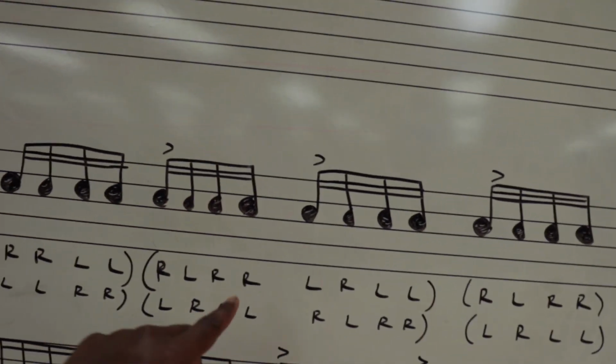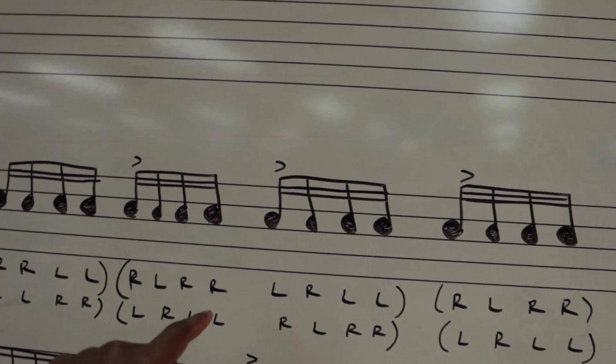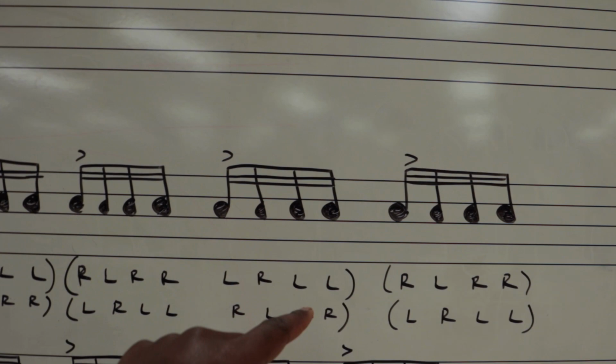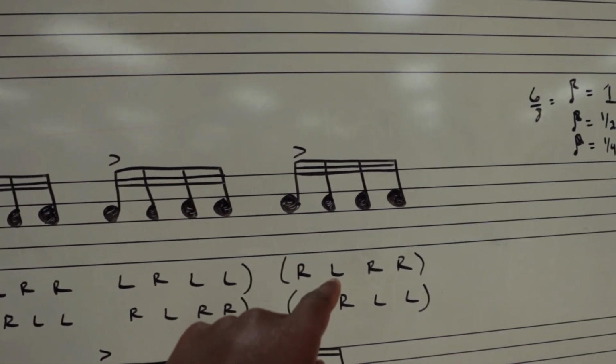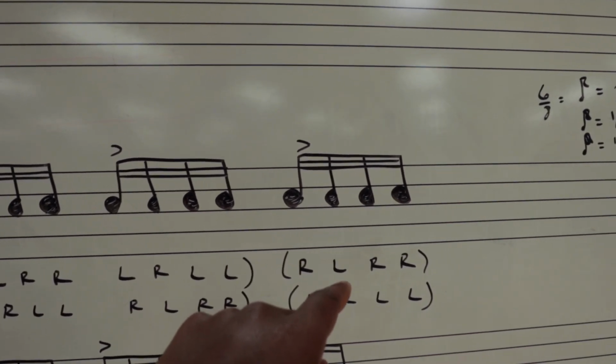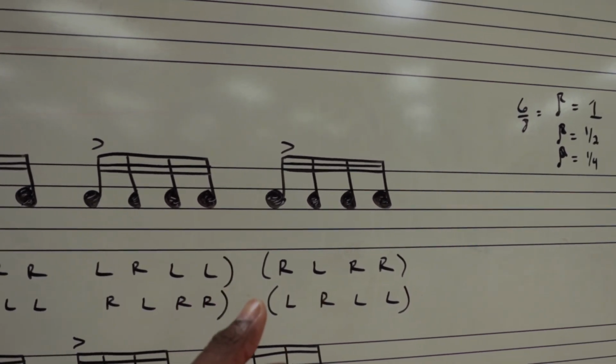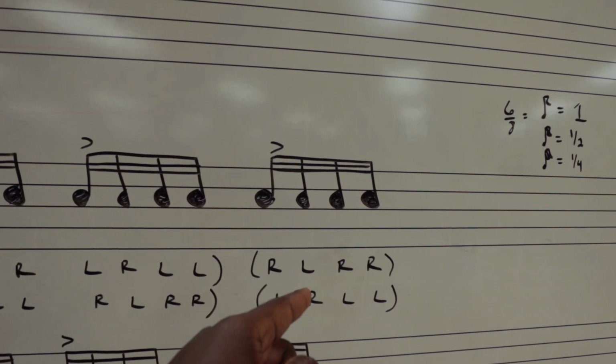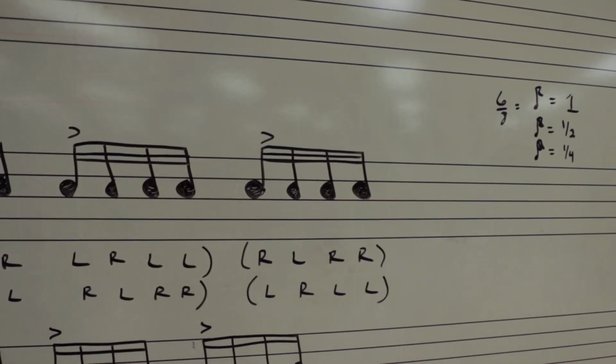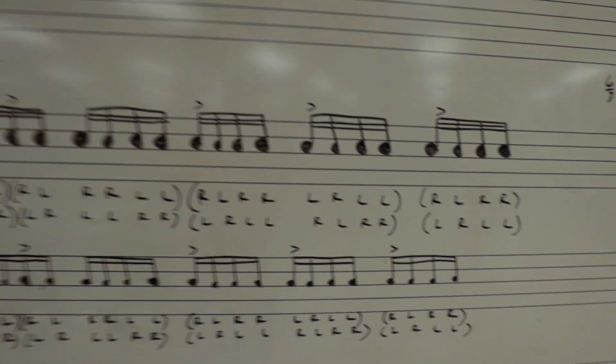And then in the next section, we have a single paradiddle: right, left, right, left, left, left. And then the last segment of this section is actually half of a paradiddle, or if you want to break it down even more, it's a single, right, left, and then a double, right. So that's pretty much the whole section.